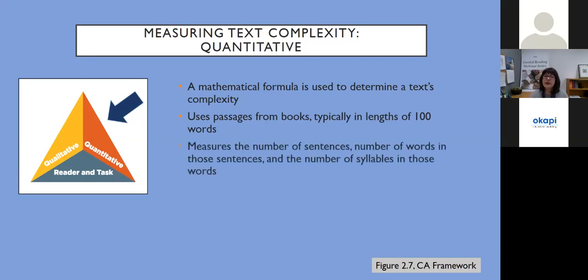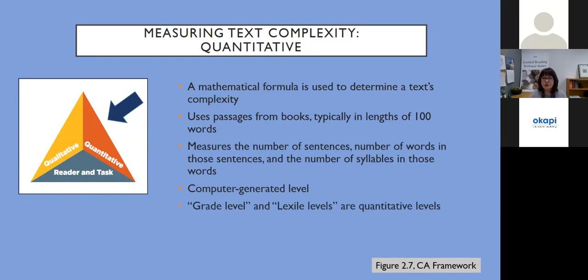One of the things it's looking at is number of sentences. It looks at number of words within each of those sentences and the number of syllables in those words, all within that passage of 100 words. Then there's a computer-generated level that gets produced based on the mathematical formula. And there are different mathematical formulas that different programs use.